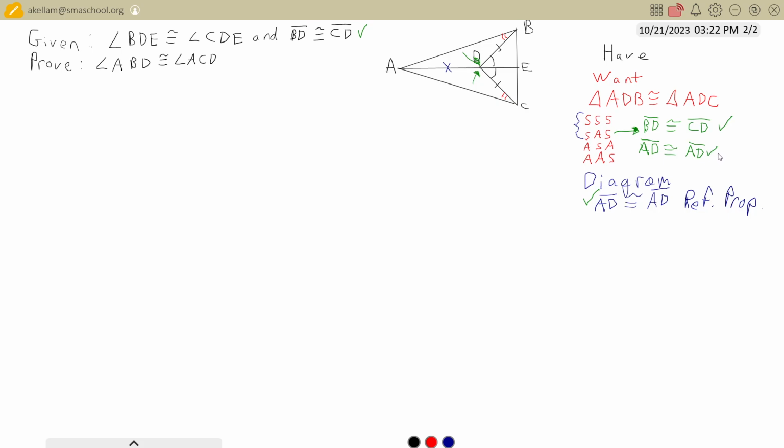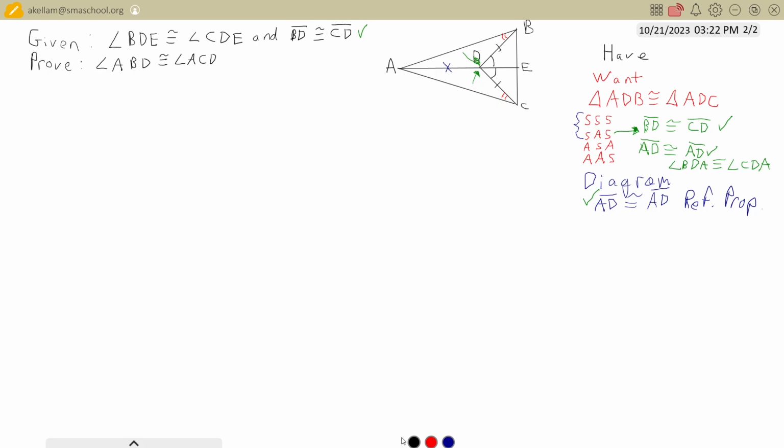And we also need that angle BDA is congruent to angle CDA, which we do not have yet. So now we are at a point that we can start writing this proof.